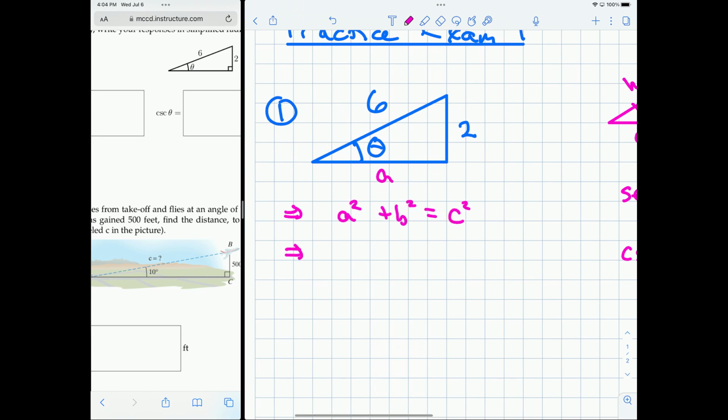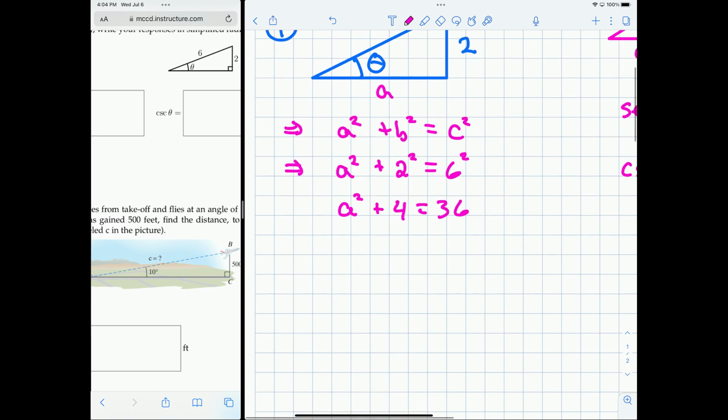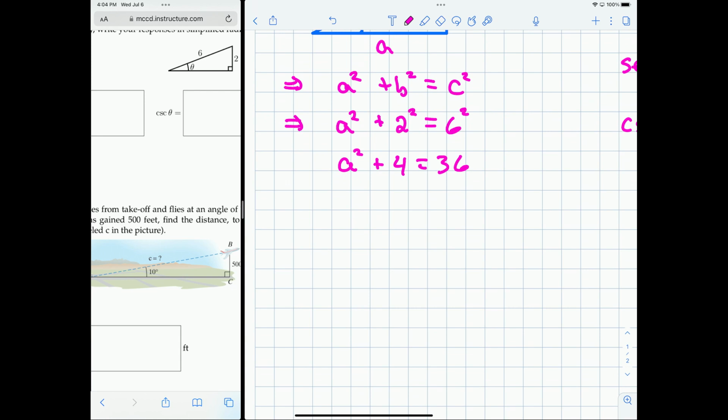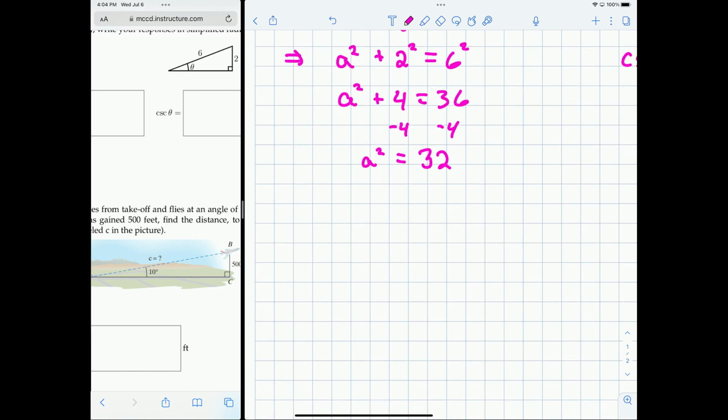We fill in the numbers that we have. We're going to leave a as a because we don't know it. So a squared plus 2 squared is 6 squared. So we have a squared plus 4 is 36. We're going to need to find a, so we should subtract 4 from both sides. So a squared is 32.